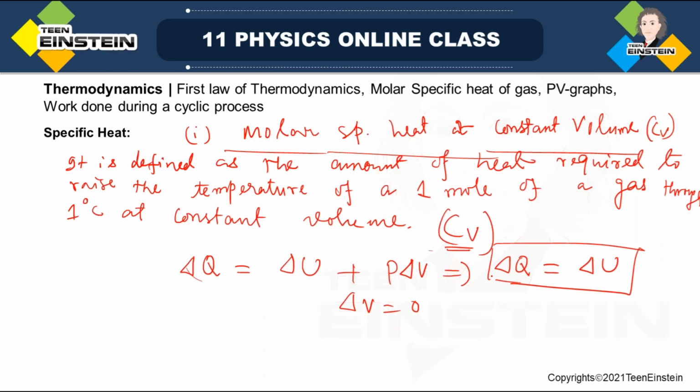So at constant volume, when we supply some amount of heat to one mole of gas to raise the temperature through 1 degree centigrade, then that amount of heat is actually called molar specific heat.